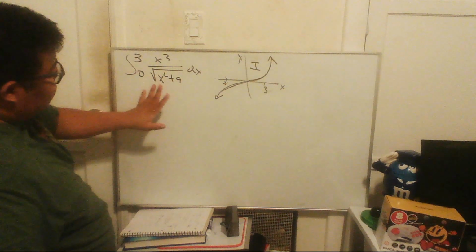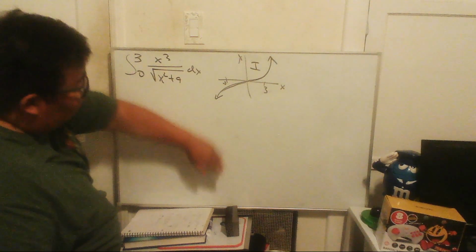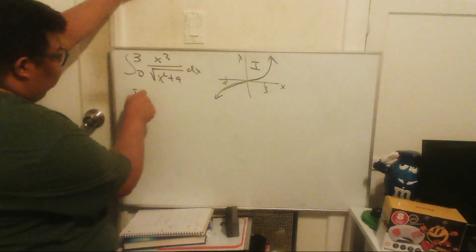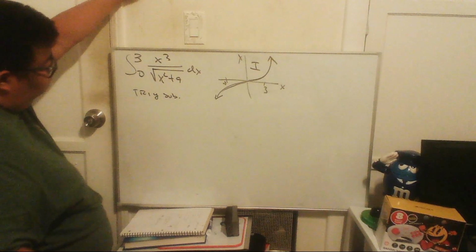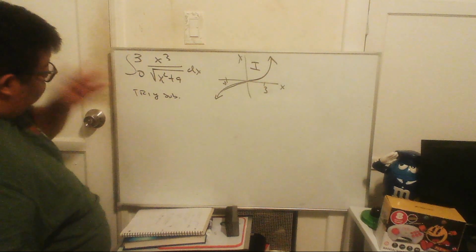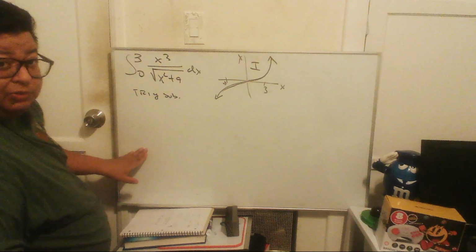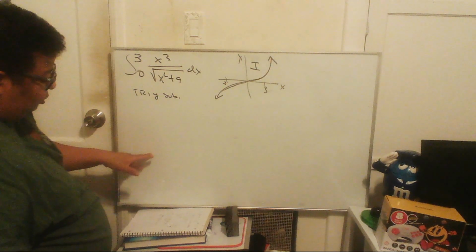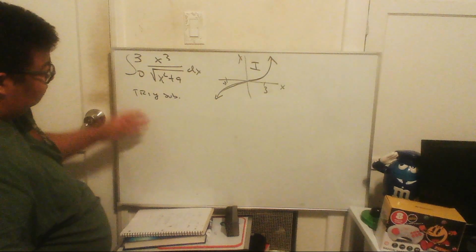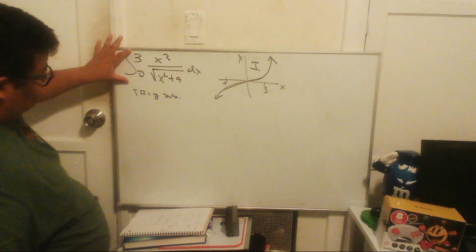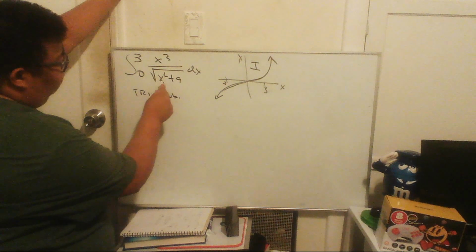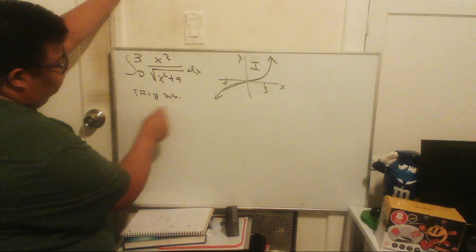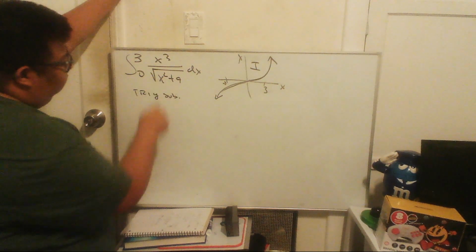Okay, so the integral as it is, we're going to solve using trig substitution. I'm not going to solve this integral, but we're going to look at the solution, and also at the most important thing, which is changing the limits of integration. Remember, when you have a radical and you want to do trig substitution, concentrate on the radical.